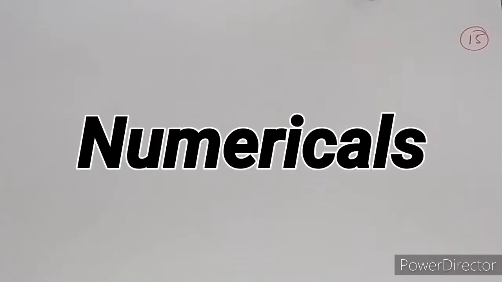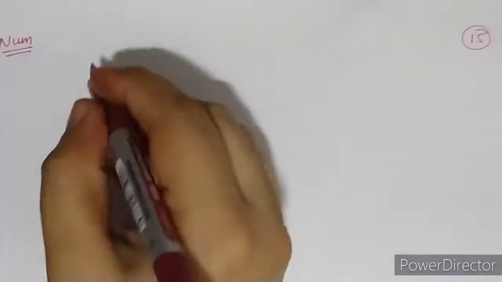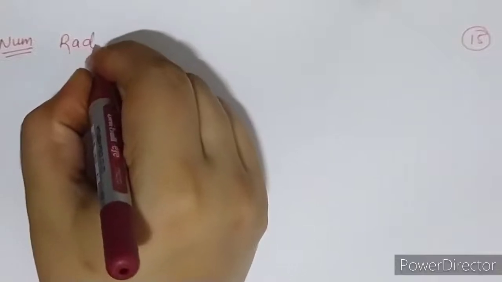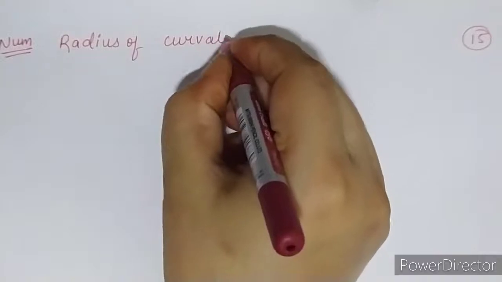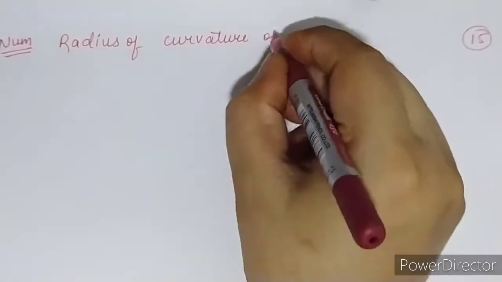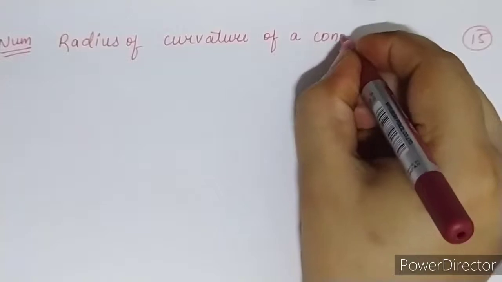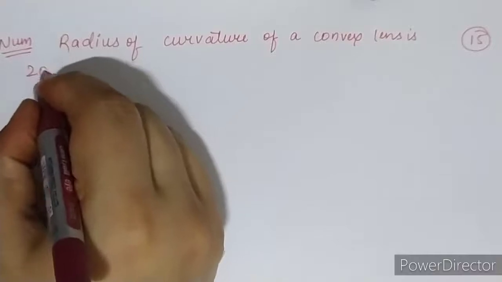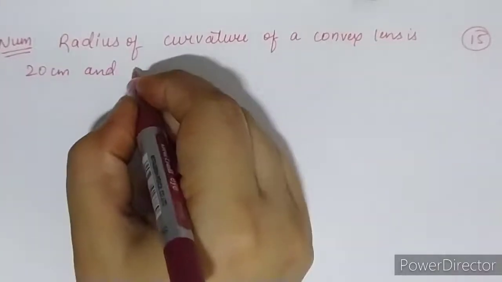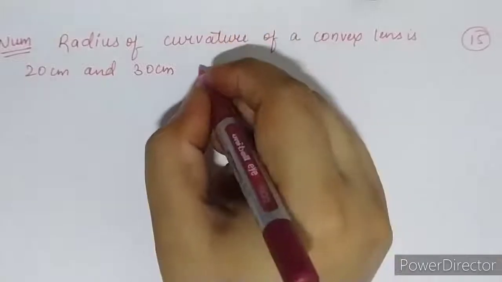So your first numerical is: the radii of curvature of a convex lens are 20 centimeter and 30 centimeter.